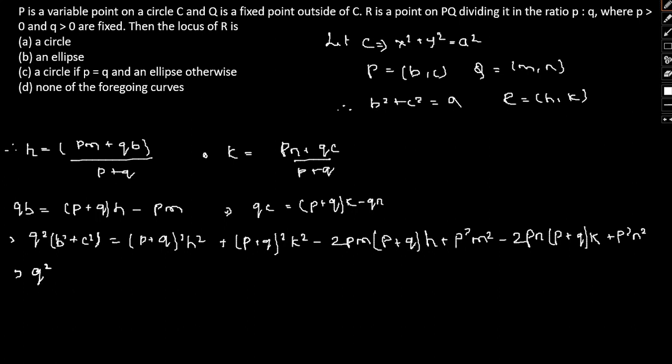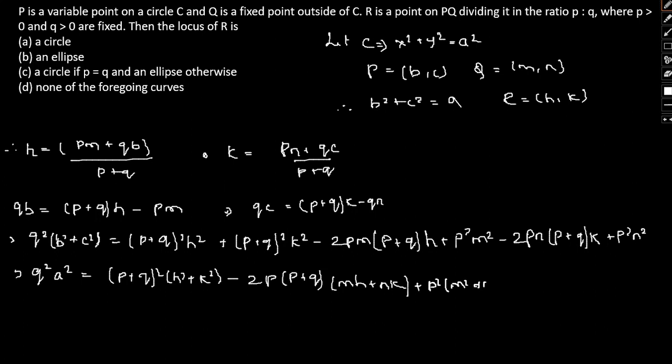If we take it out, q square a square can be written as (p plus q) whole square (h square plus k square). We have taken the common term over here, and then subsequently minus 2p(p plus q)(mh plus nk) plus p square (m square plus n square).